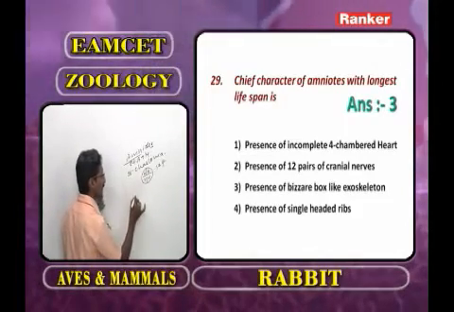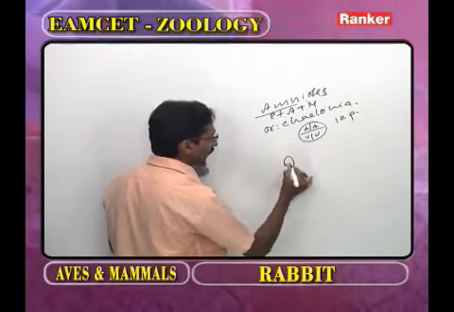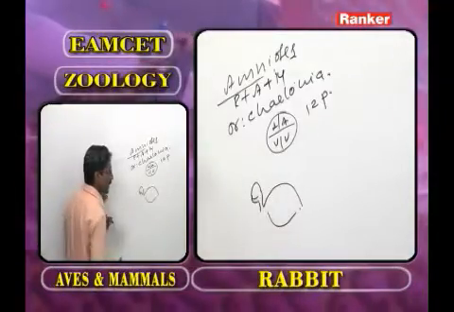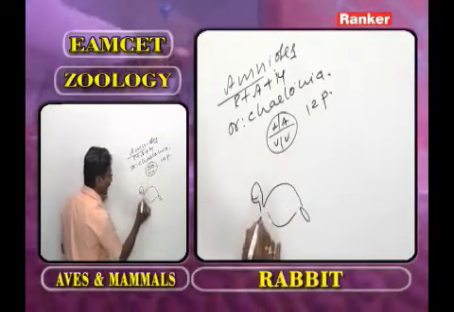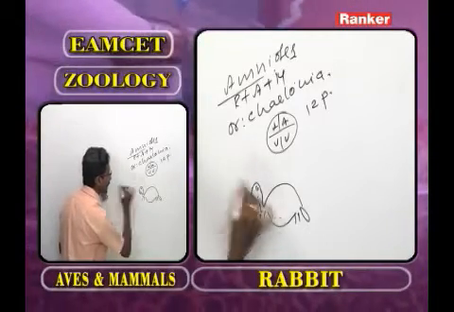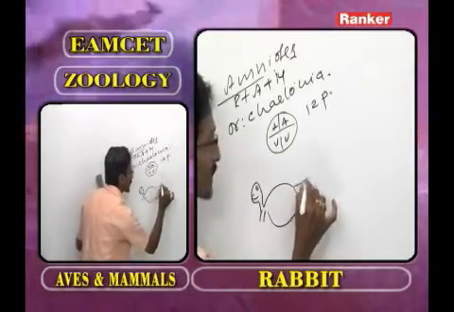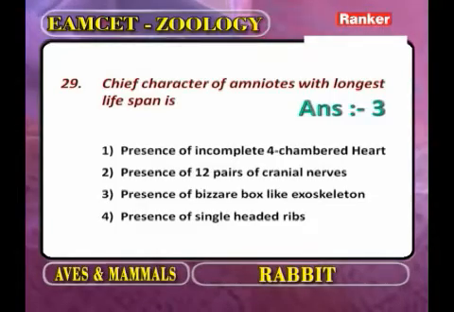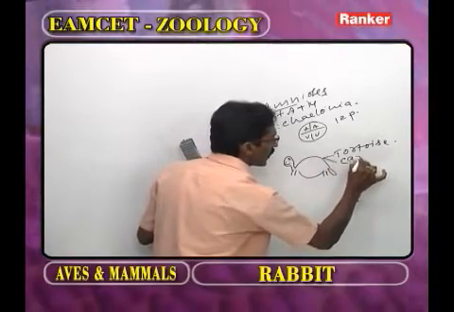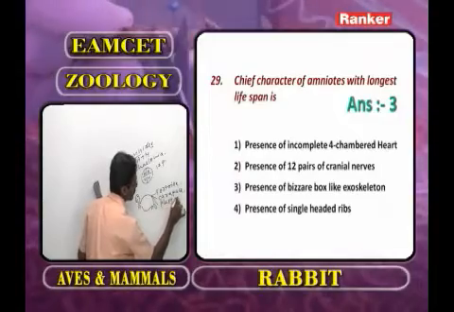Now as we observe Chelonia, this part we call the head, this part the neck, this one the trunk, and this is the tail. These are forelimbs and hind limbs. Now this is the Chelonia. The body is covered and protected by the tortoise box. This box has a dorsal carapace and a ventral plastron.